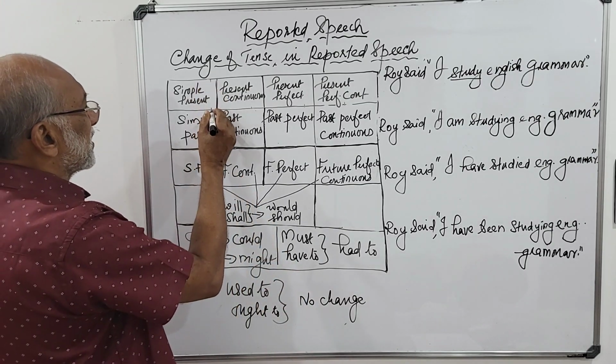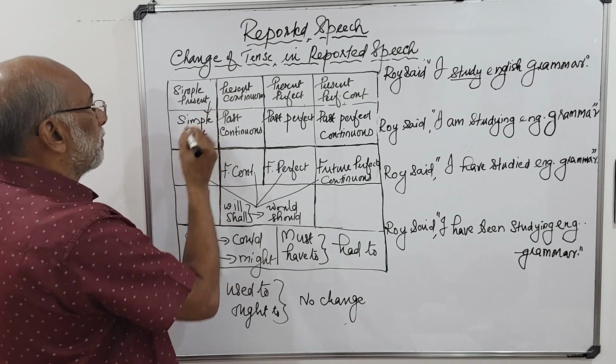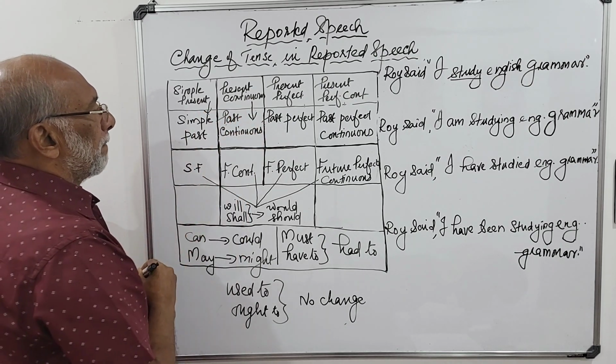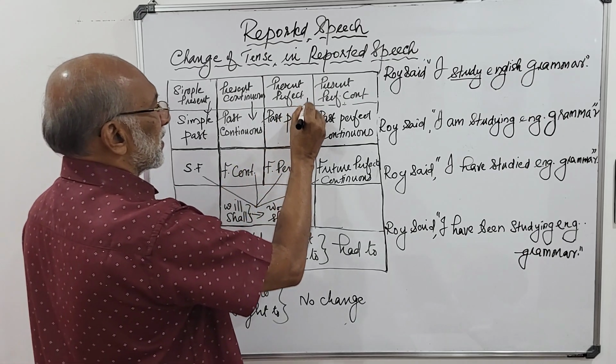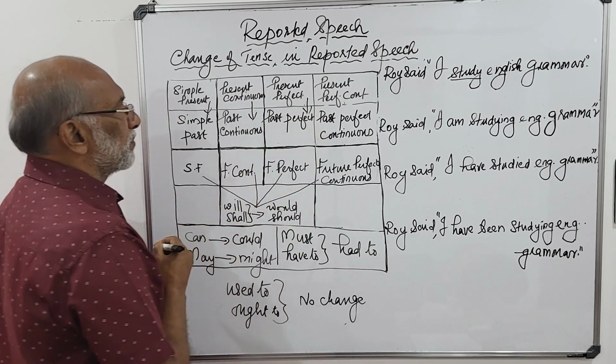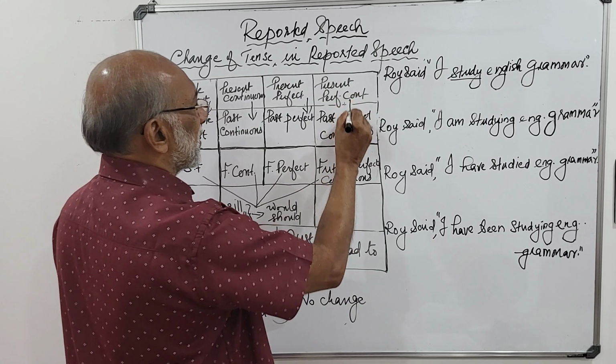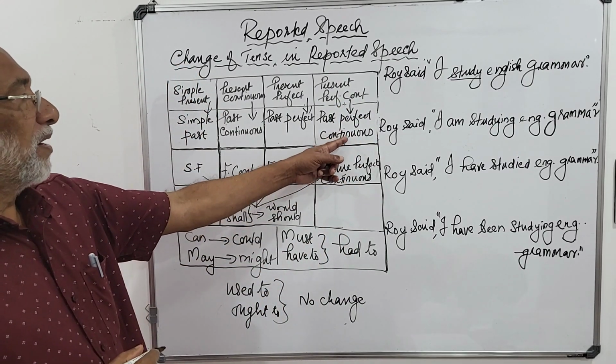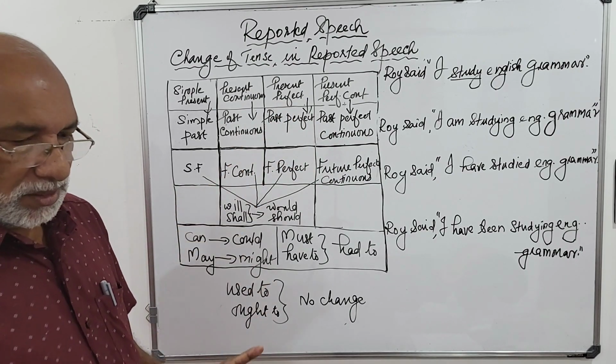See, simple present becomes simple past. Present continuous becomes past continuous. And present perfect becomes past perfect, and present perfect continuous becomes past perfect continuous.